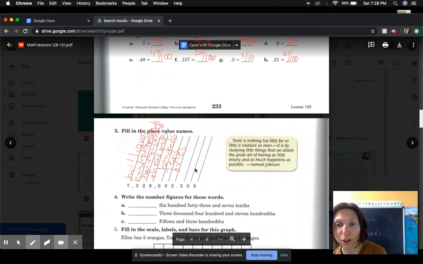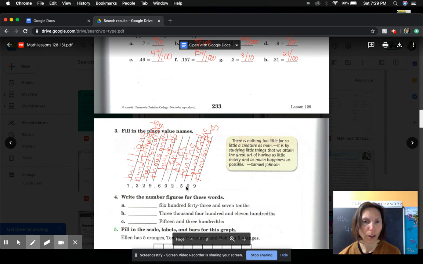We're getting smaller, less than a whole. So we have tenths, hundredths. So just write it like 100 and then put a THS at the end. Same thing with thousandths. You're going to write 1,000 and then put THS at the end.